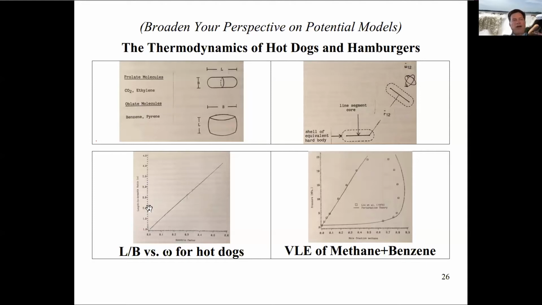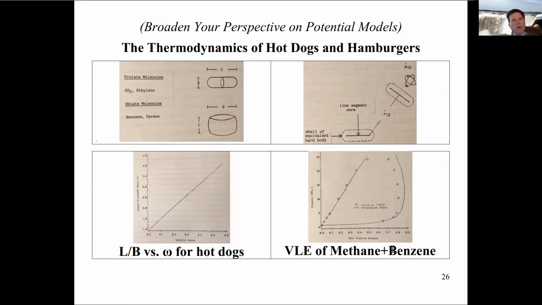That's well defined: it's the negative log of the vapor pressure at a reduced temperature of 0.7 divided by the critical pressure. We can calculate all of those things, and so we get the acentric factor as a function of the length to breadth ratio. Now we can get the entire equation of state and compute the phase diagram for methane plus benzene, where benzene is modeled as a hamburger.